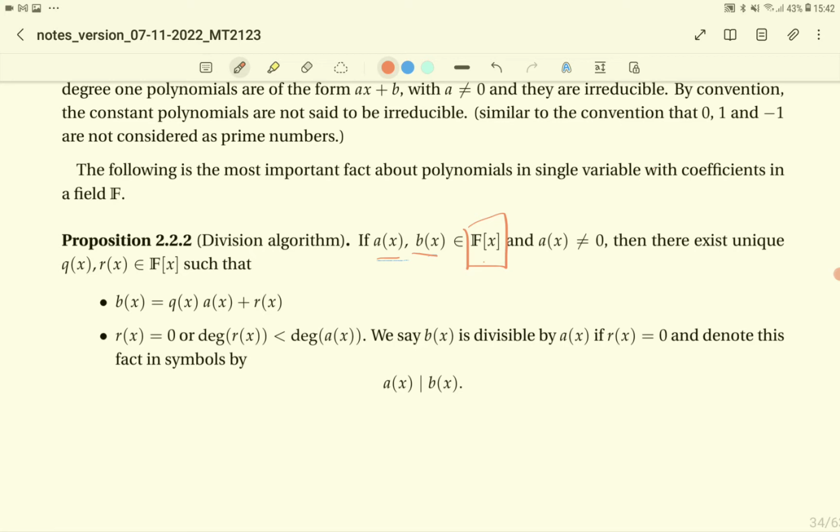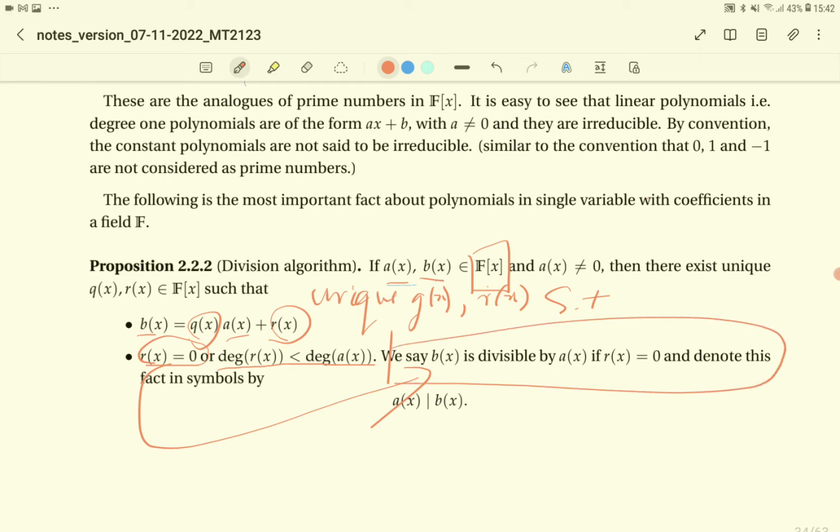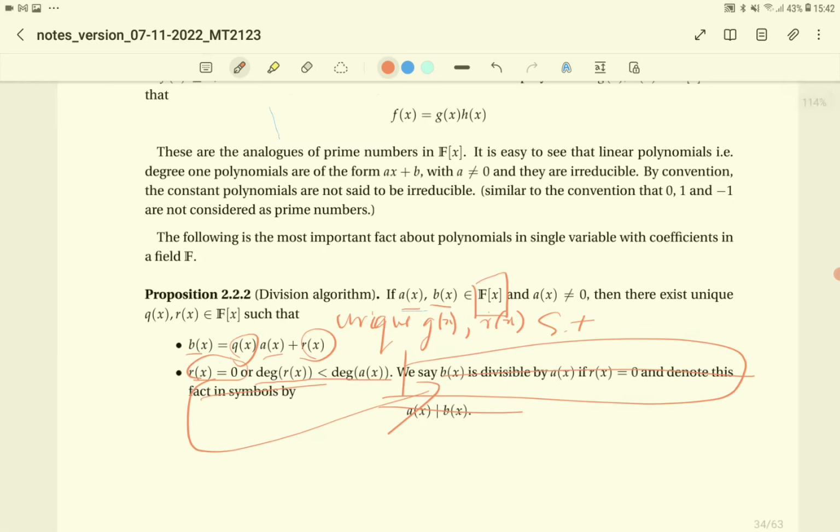We need to prove that there exists a unique q of x and r of x such that b of x can be written as q of x times a of x plus r of x, such that the degree of r of x is strictly less than the degree of a of x. Now, this should imply this, but we are not interested in this, so just remove this bit.